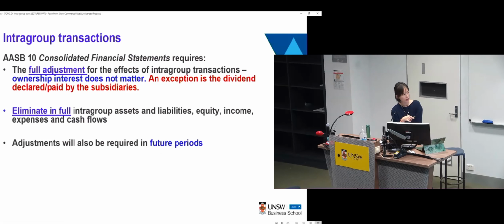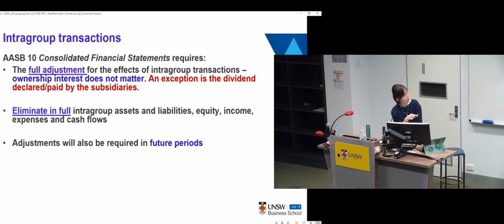Okay? Now let's look at the rules and principles specified in ASB 10. ASB 10 requires full adjustment, which means all the intragroup assets, liabilities, revenue, expenses, and equity must be eliminated in full in your consolidation worksheet.